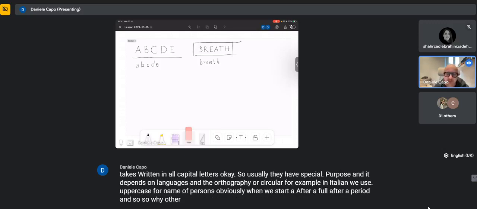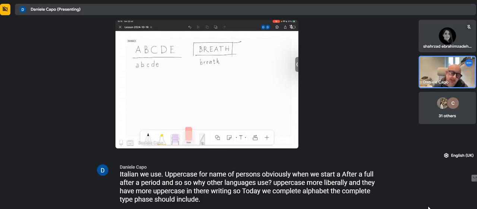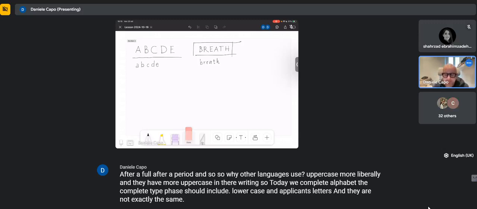While other languages use uppercase more liberally, and they have more uppercase in their writing. So today, a complete typeface should include lowercase and uppercase letters, and they are not exactly the same.